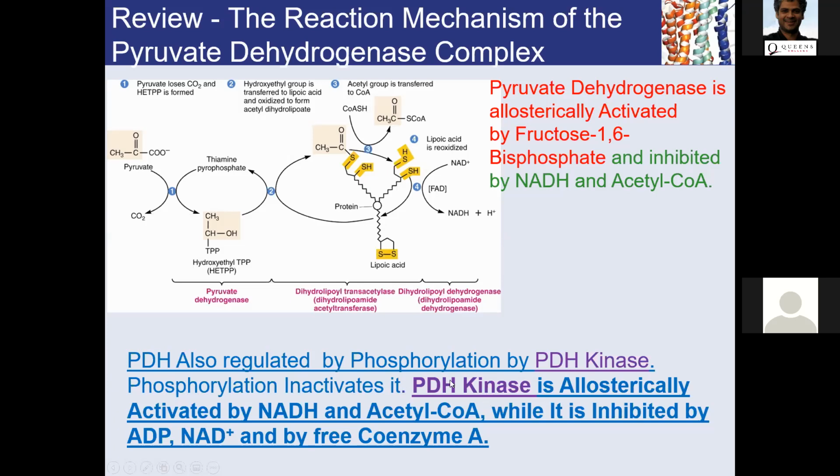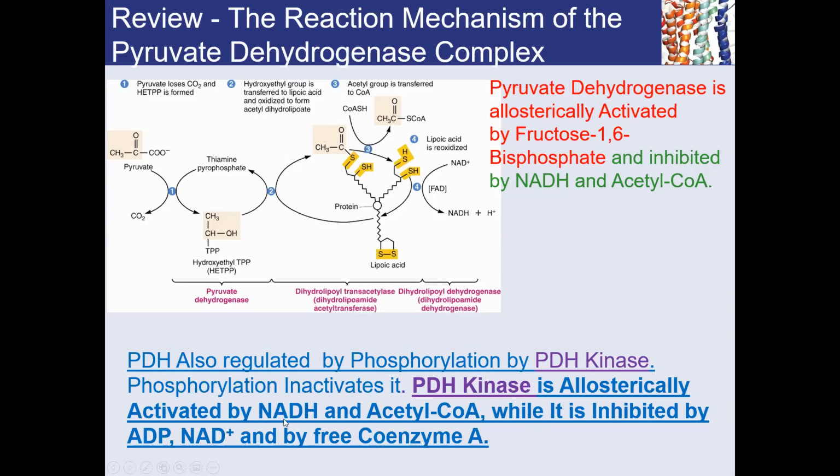PDH kinase itself is allosterically activated by NADH and acetyl coenzyme A. And it will be inhibited by low energy intermediates, as signified here by ADP, NAD+, and coenzyme A. So NADH and acetyl coenzyme A, as you can imagine and have learned in class, represent high energy status of the cell, right?